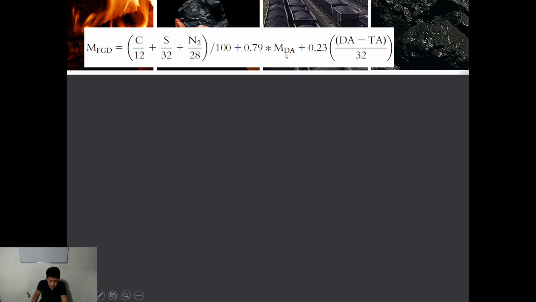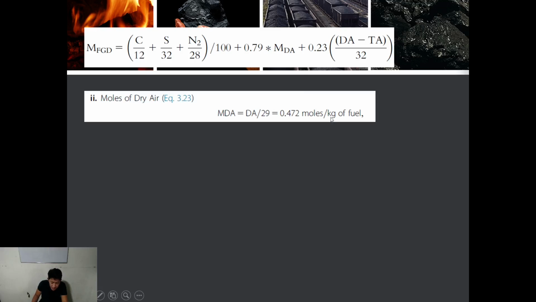So you need to get this one, the moles of dry air. The moles of dry air is just the mass of dry air over the molecular weight, which is 0.472 moles per kilogram fuel.